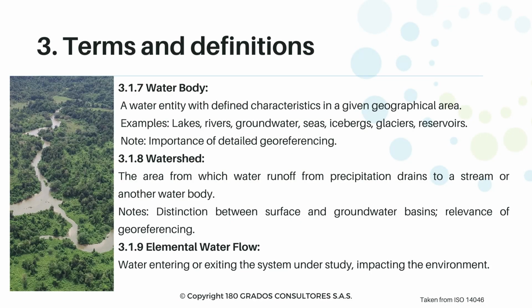It refers to water entering or exiting the system under study. This flow can include water extracted from or released into the environment and is a critical component in understanding the water balance in the context of the water footprint. Okay, so three very important concepts that you have to understand.